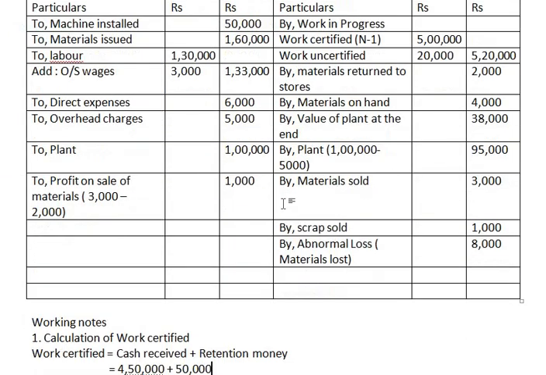Now close the account, find out whether there is profit or loss. Credit side total is more. Total is 6,71,000. Now find out the notional profit, 2,16,000.